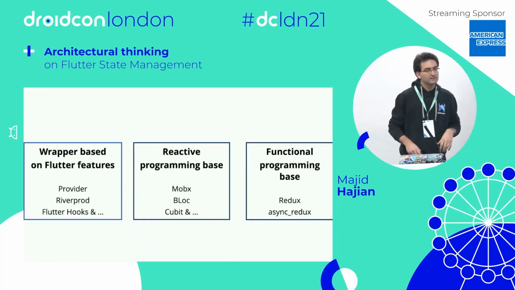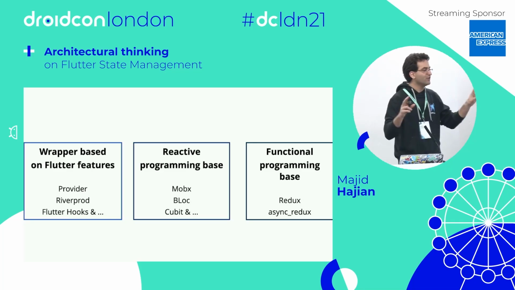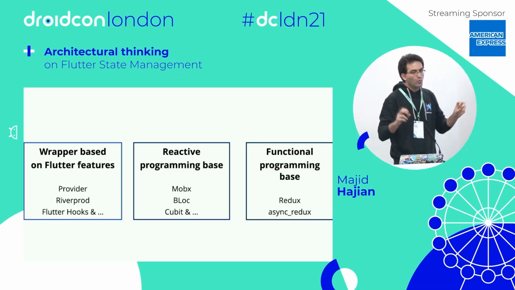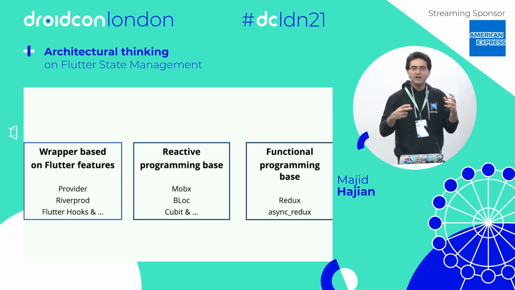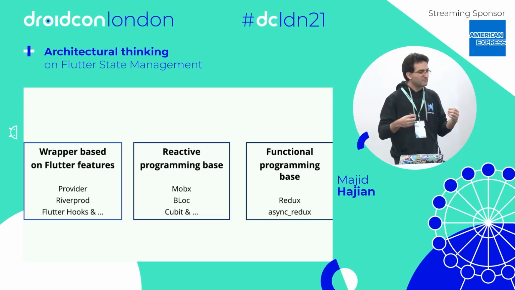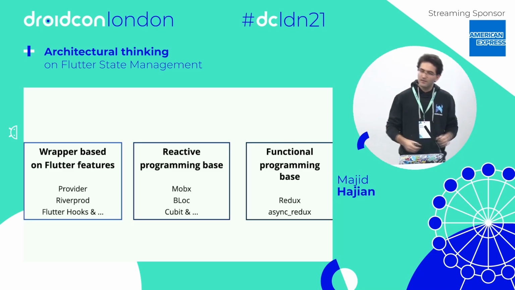What I mean is that when I looked at these packages quickly, I realized that mostly I can have three categories. One is those packages that are mostly a wrapper around the Flutter SDK features, like inherited widget, inherited model, setState, and stuff like that.